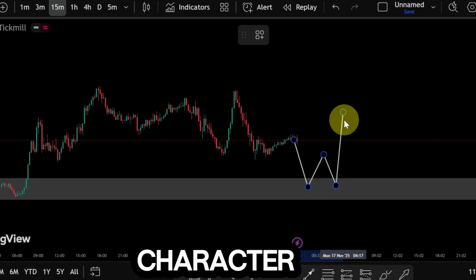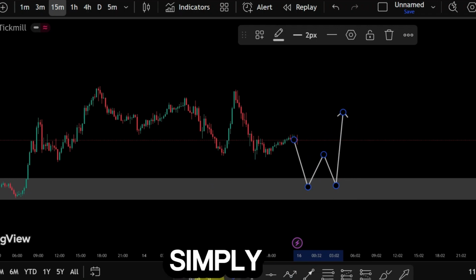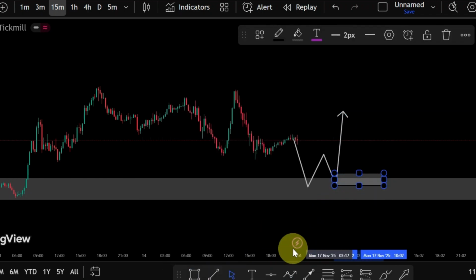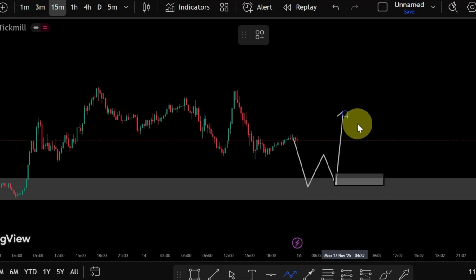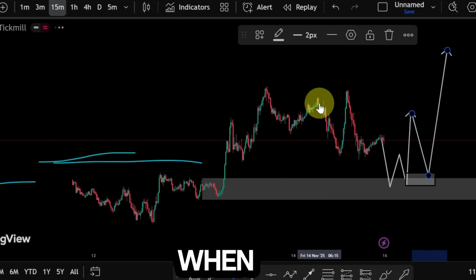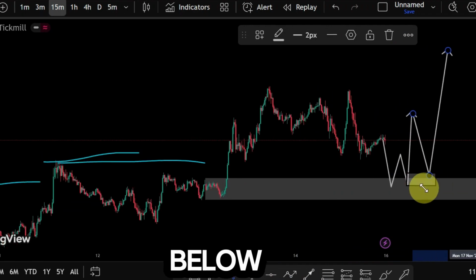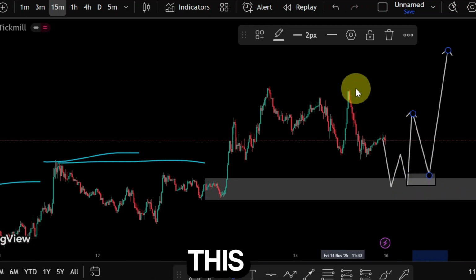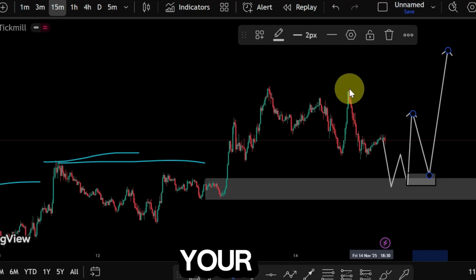Once there is a change of character, simply draw out the order block that caused the change of character, wait for price to retrace back to this particular order block, and simply take your trade. When taking your trade, your stop loss should be below this particular region, and you can target this particular level as your TP.